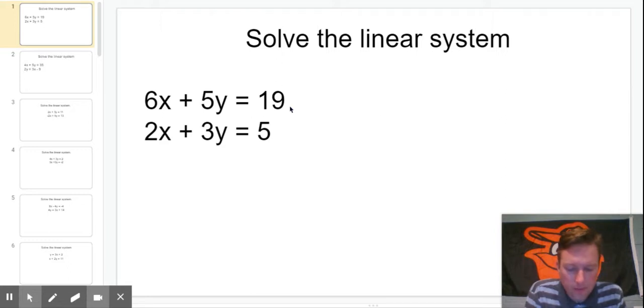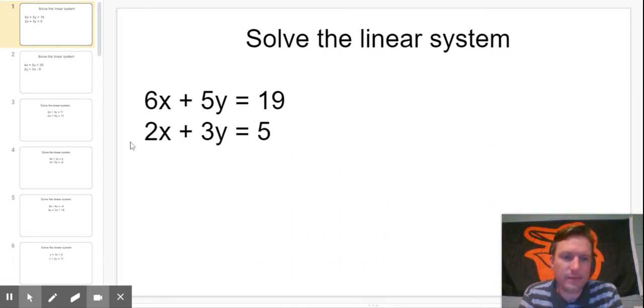The way that we would do this is by having the opposite coefficient. So if I have a 6x here, what can I do to this 2x to have it be the opposite coefficient? Well, the opposite of 6x would be negative 6x. So what can I multiply by 2 to make it a negative 6?